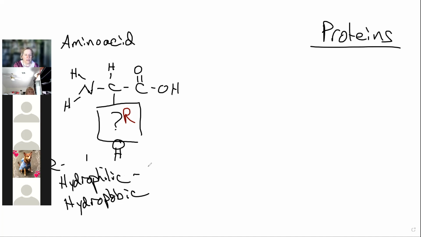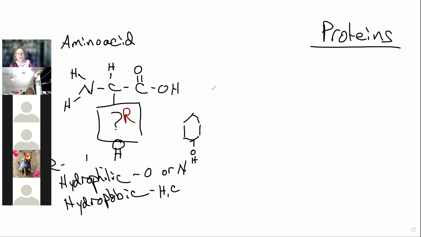So remember, philic, you have oxygen or nitrogen. Hydrophobic, you've got a lot of H's and C's. So if I had a side chain that looked like this, remember each of those points is a carbon, that would mean it was hydrophobic. If I add an OH group, it's mostly hydrophobic with a little bit of hydrophilic thrown on there.